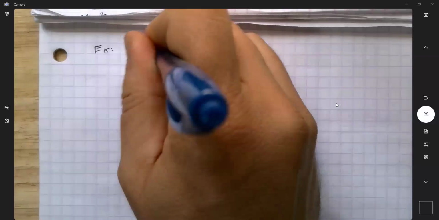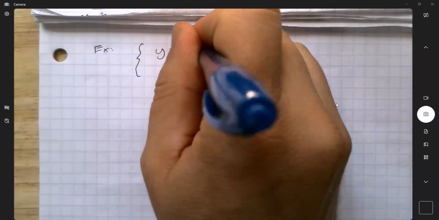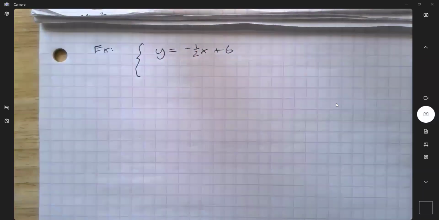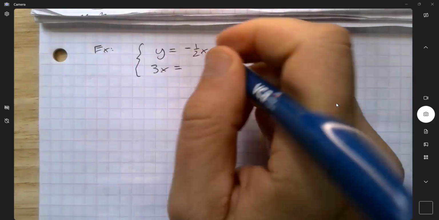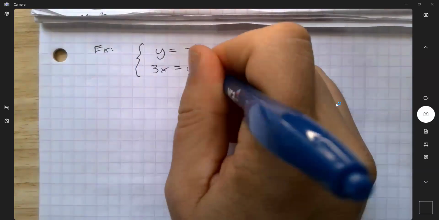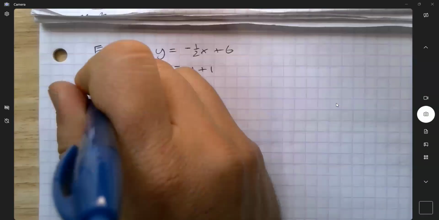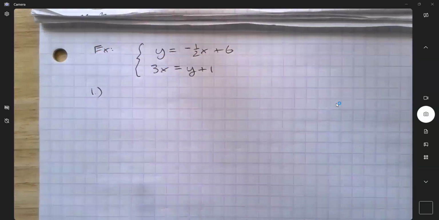So these are also going to be examples from the last video, which is a nice way to check because I know how to check them graphically. There's y equals -1/2 x plus 6, and 3x equals y plus 1. So the first thing I want to do is choose the equation that'll be easier to solve for one of the variables.